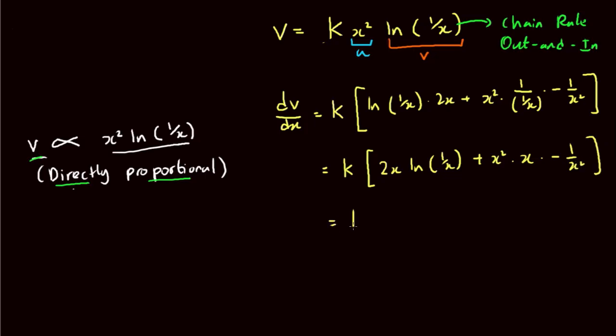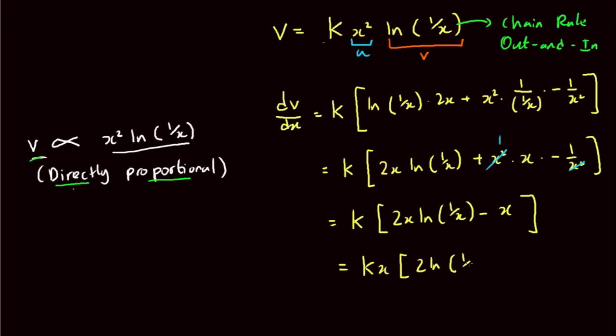Okay, so again it would be just k, 2x ln 1 over x. Okay, and we can see that this x squared will be out, so it becomes just 1, right? So you'll be left with minus x. Okay, and simply we can just take out the x. It will be just kx times 2 ln 1 over x minus 1.